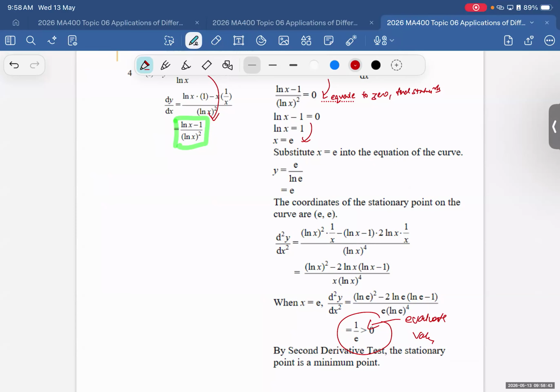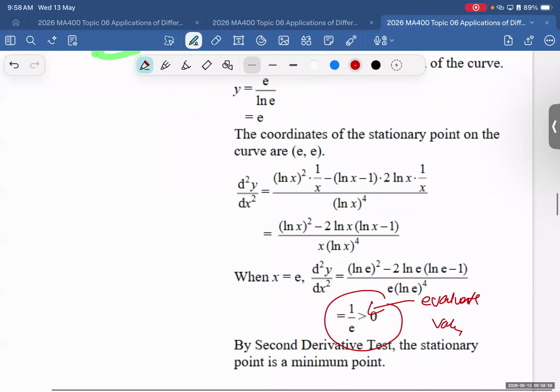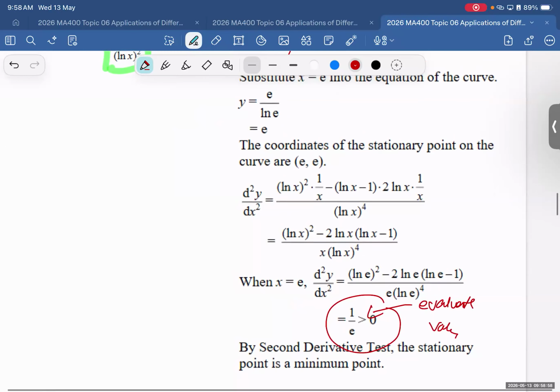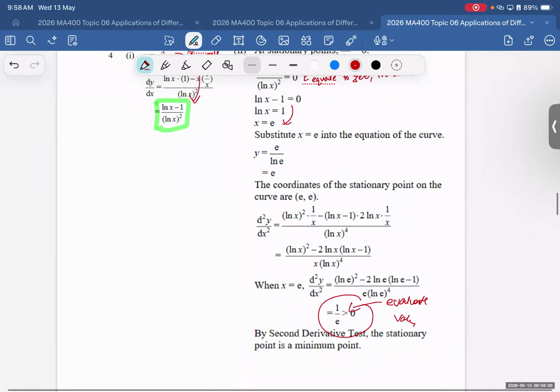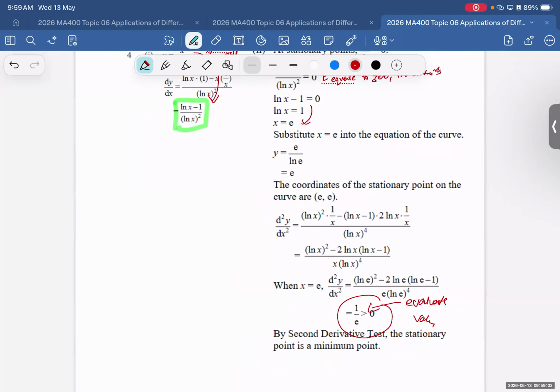Now just pause a while. The second derivative should be 1 over e. I got 2 divided by 4, maybe I made a calculation error.